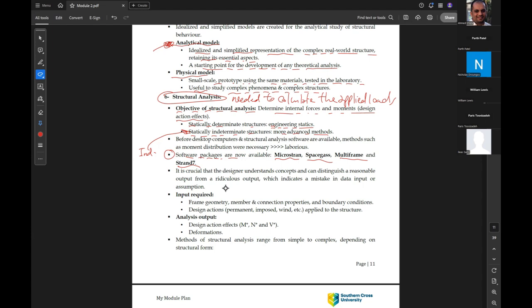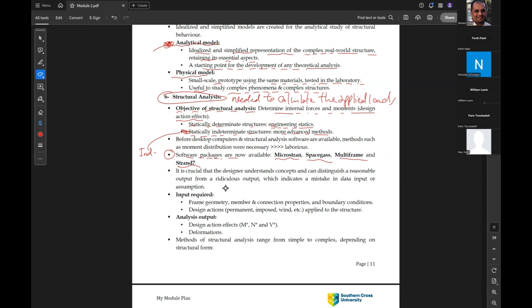Yeah. For the portfolio, we might need to, because we'll have a frame structure that is not easy to solve manually, so we might need to use one of the software like Space Gass or Strand7, either of them, to find the bending moment diagram and shear force diagram and so on.